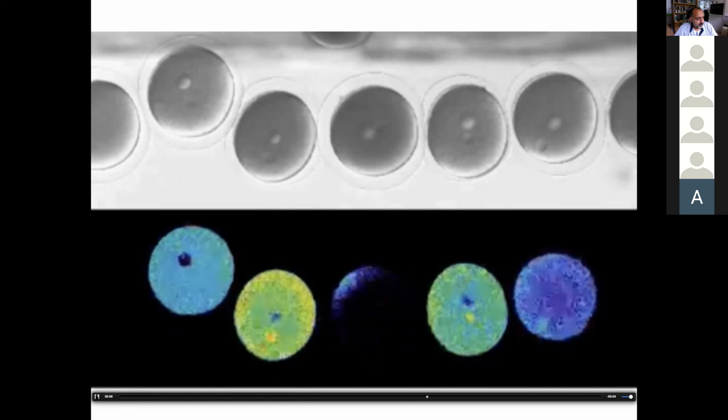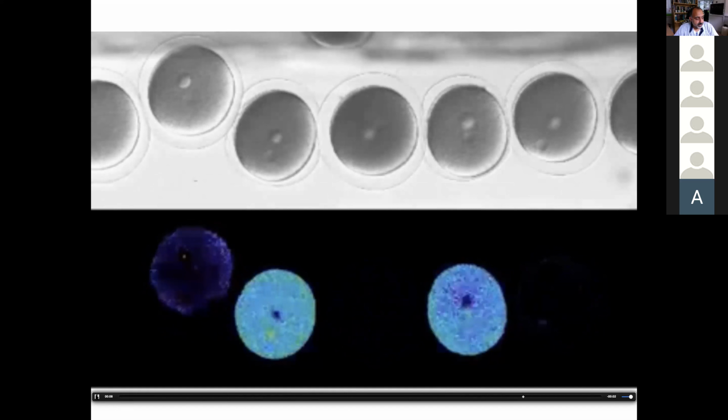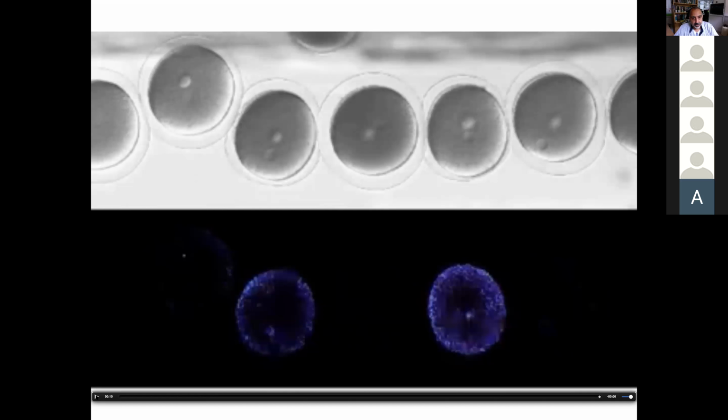Okay, and so these calcium influxes are very, very important. I should say that cortical granules contain mucopolysaccharides, and so once they're put out and exposed to the external environment, these gel to form this kind of envelope here.